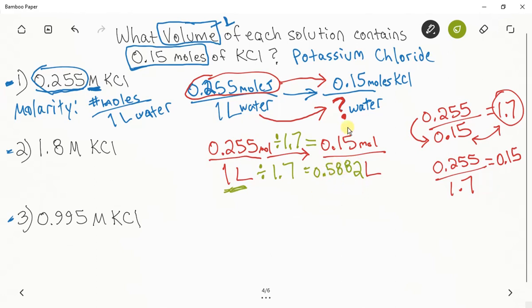So if the molarity is 0.255, like it said up in the problem, and we changed that into 0.15 by dividing by 1.7, that 1 liter down there needs to be divided by 1.7 also, and that gives us 0.5882 liters. So this would be the volume of the solution if it contained 0.15 moles of potassium chloride.